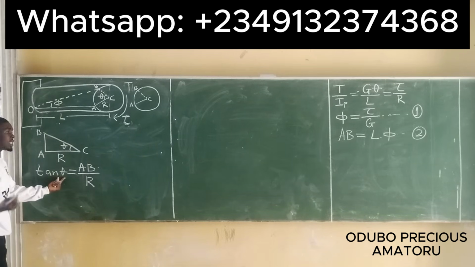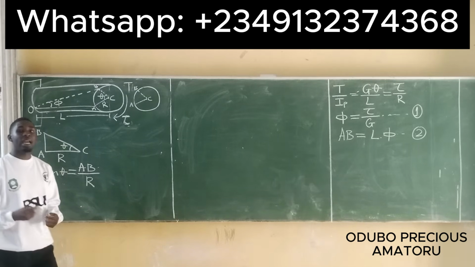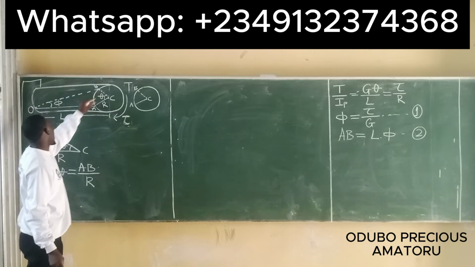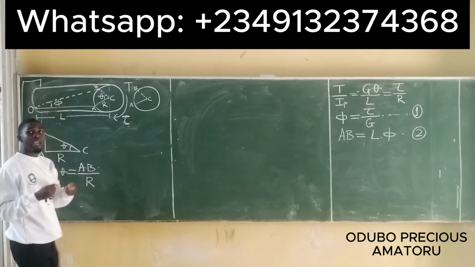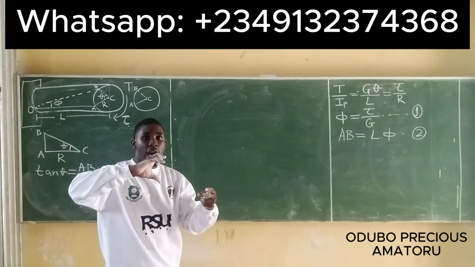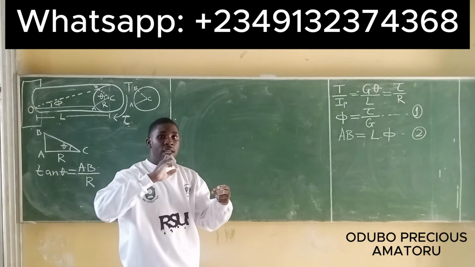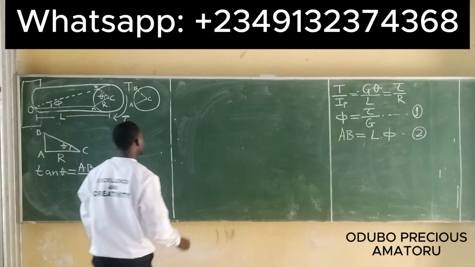So remember I said if tan theta is very small, why are we saying that tan theta and why are we saying theta and phi are very small? In a real-life scenario, if you try to rotate the shaft, the angle it is going to rotate will be very small.